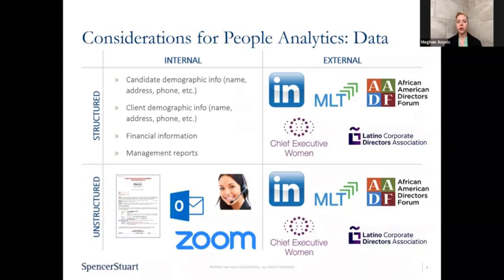We knew that we'd want to utilize our internal data sources and then also utilize external data sources where we could. We needed to consider whether the data was already available at Stuart or if it needed to be processed, as in the case of some document types. If it only existed in document form, we probably needed to do some pre-processing in order to make it usable data for analytics.